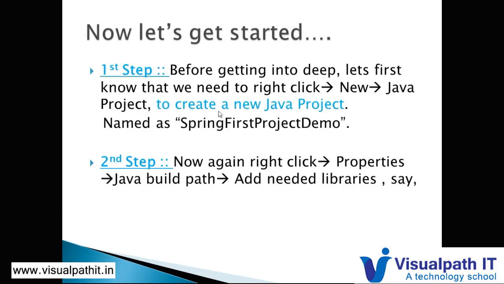So, how to do it? First is right clicking and creating a new Java project named Spring First Project Demo. The second important thing is to add all the needed jar files or libraries in the Java build path.